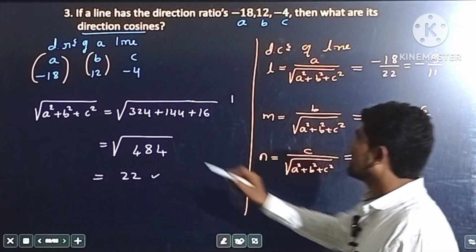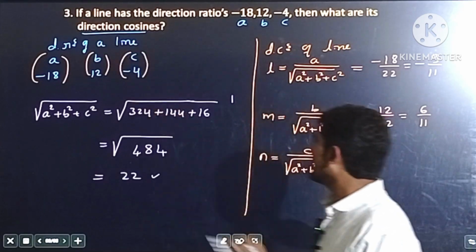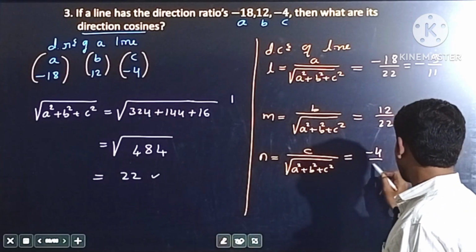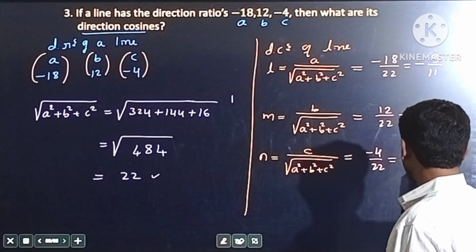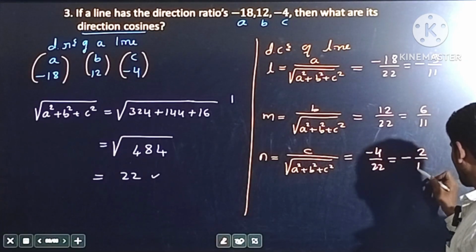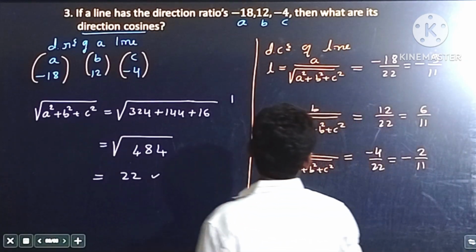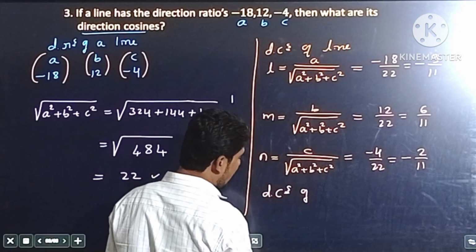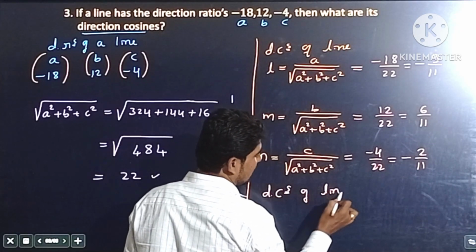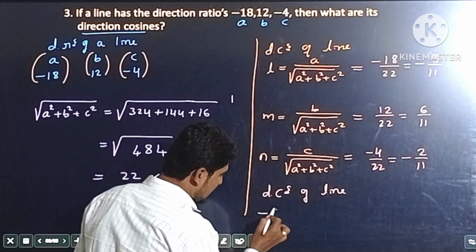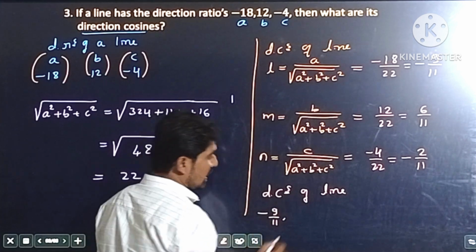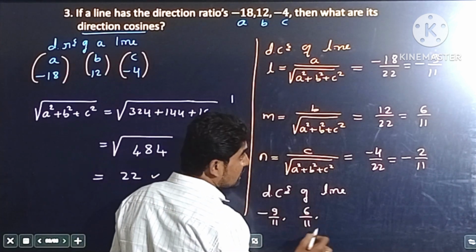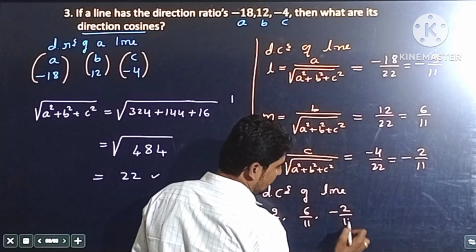And the value of N is C divided by 22, where C is minus 4, so minus 4 divided by 22, which is minus 2 by 11. Therefore, the required direction cosines of the line are minus 9 by 11, 6 by 11 and minus 2 by 11.